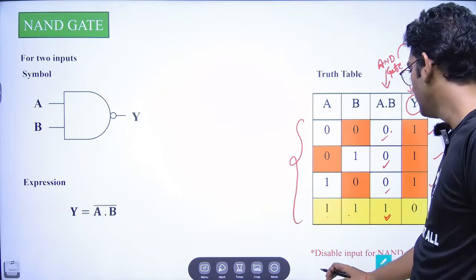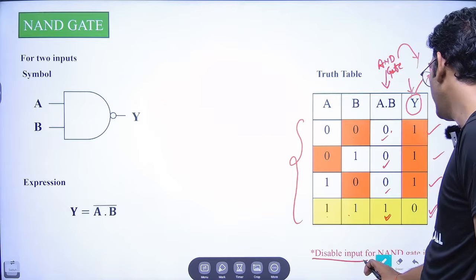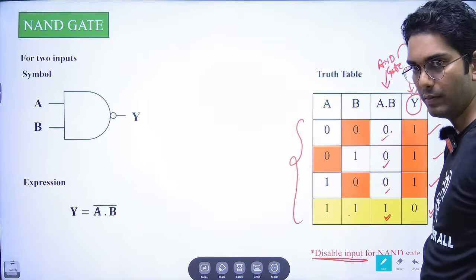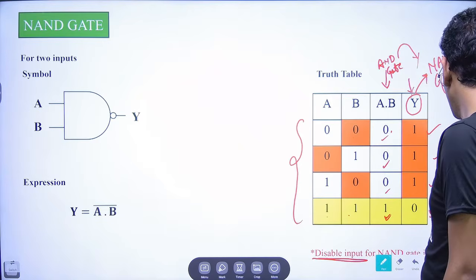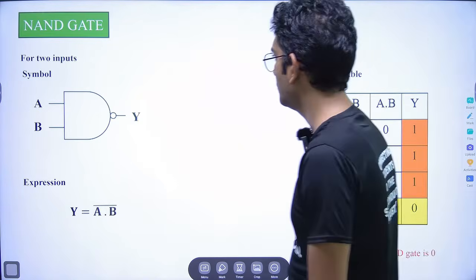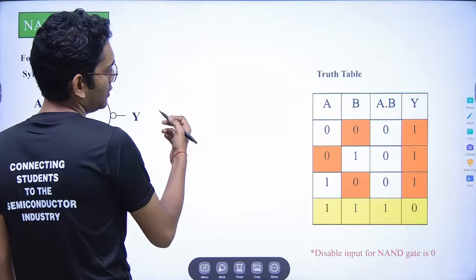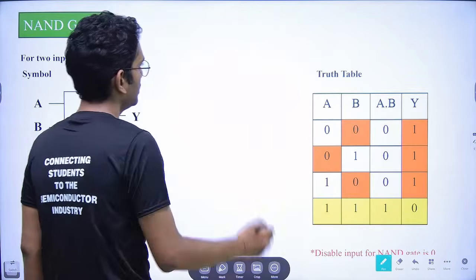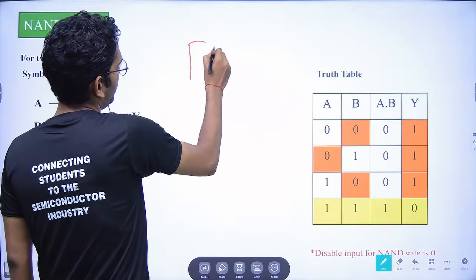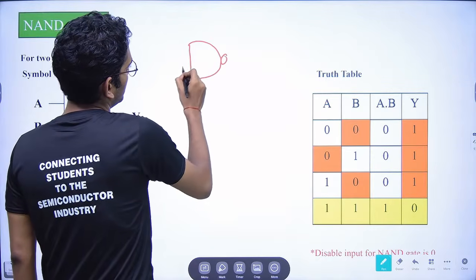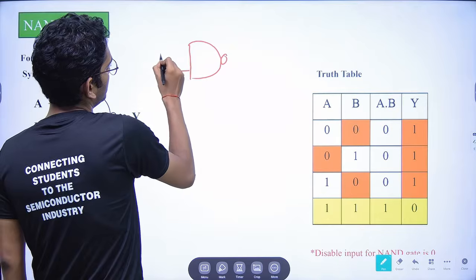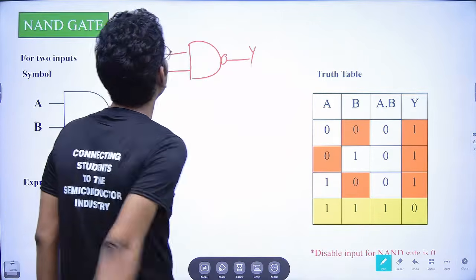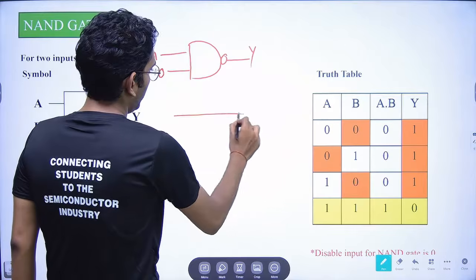Now, in the case of the NAND gate, what is happening? The disable input for the NAND gate is 0. How is this happening? Let us see how this works. If any of the inputs is 0 and we are applying anything on the other input, this is Y. So let us draw the truth table.